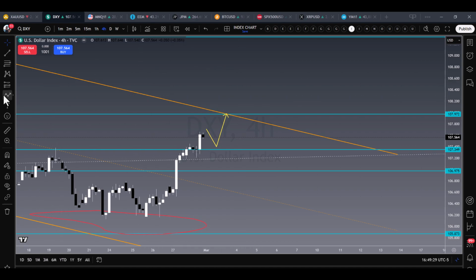And the continuation pattern is always a breakout, a retest, and then continuation.